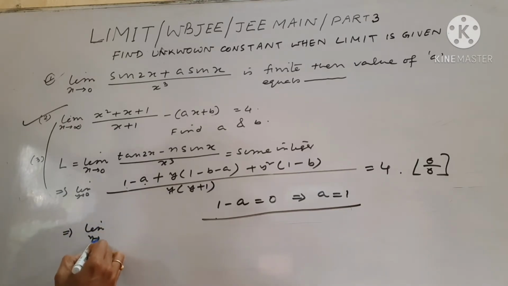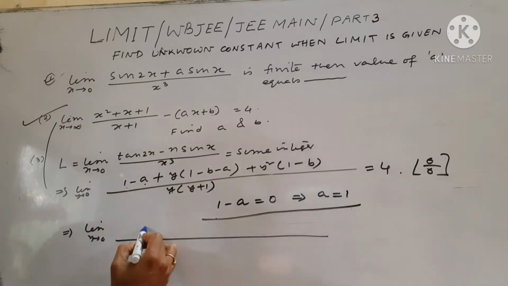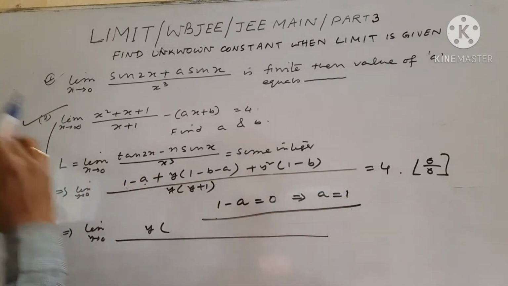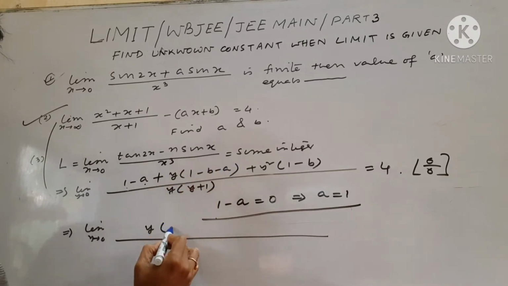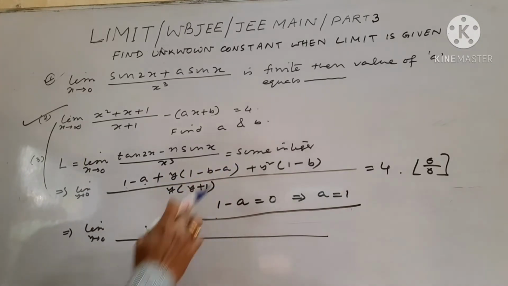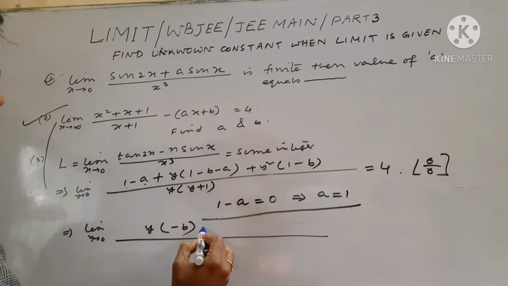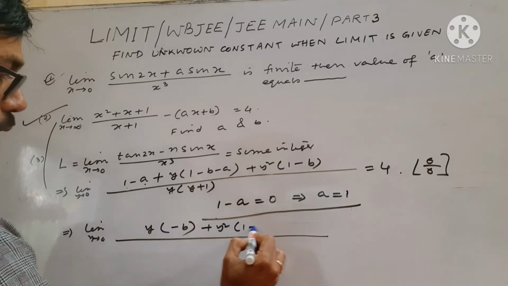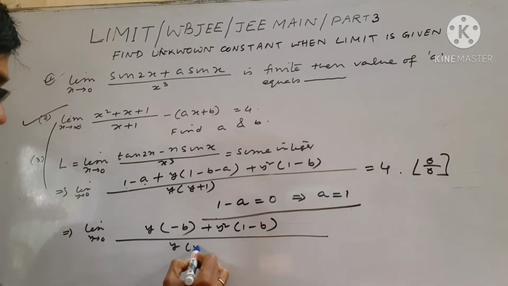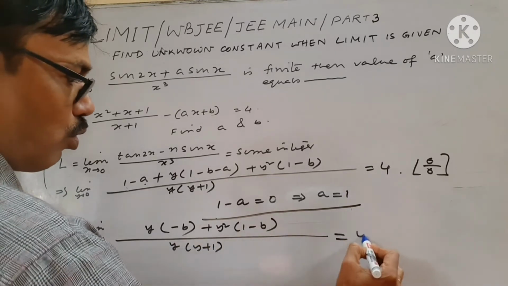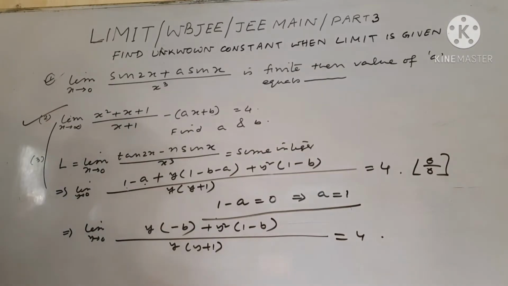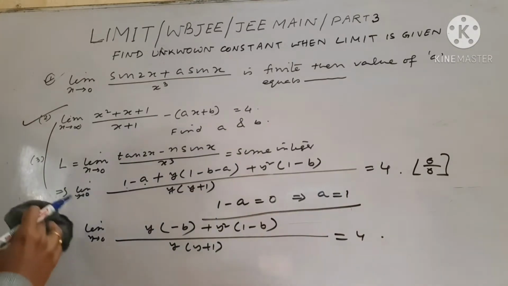Limit y tends to 0, y into minus b, so y square into (1 minus b), y into (y plus 1) equals to 4. Now listen, y cancels out.